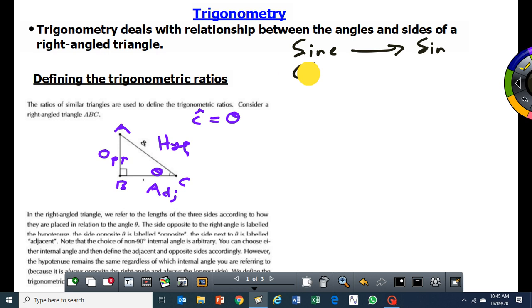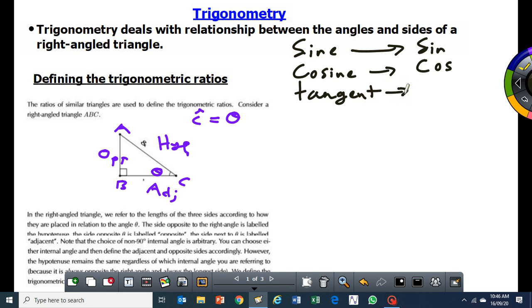Then you also have cosine. The abbreviation used is cos, C-O-S. If you divide the adjacent side of any right angle triangle by the hypotenuse, you get the ratio which is called cosine. And then the third one is tangent.